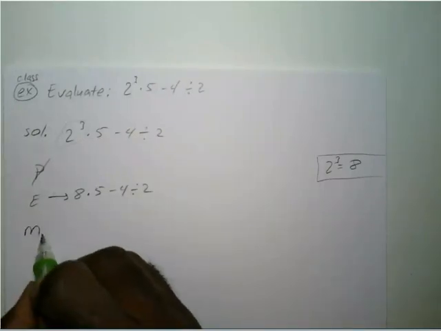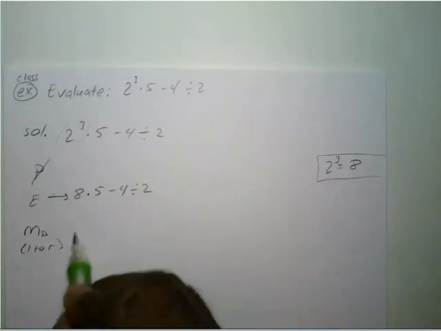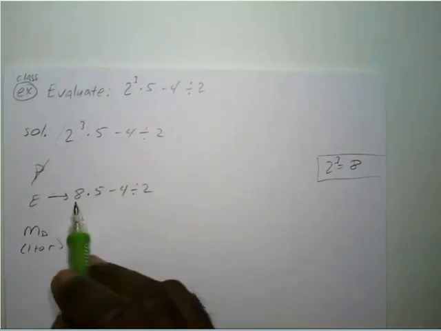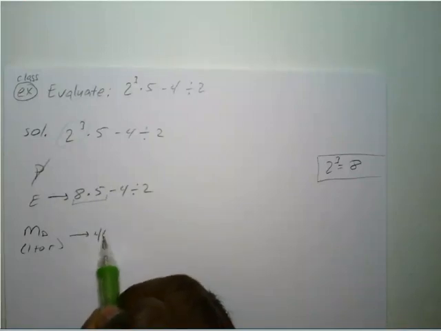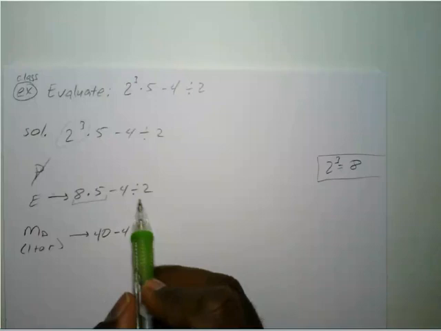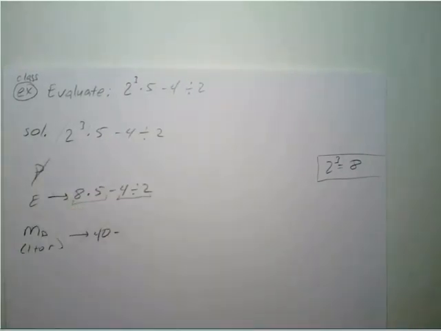Now we have multiplication or division from left to right. Going from left to right, you have 8 times 5, which is 40, minus 4, well, 4 divided by 2, really, so we skip that. Minus 4 divided by 2.